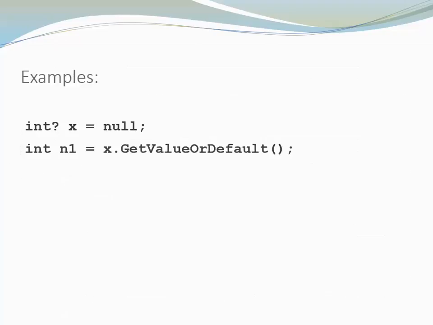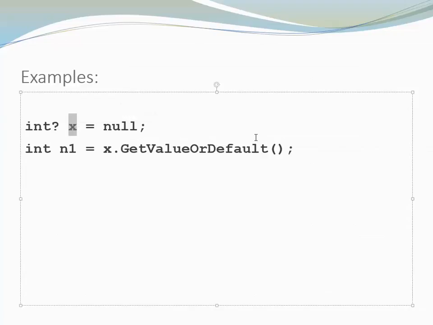I could also use the method GetValueOrDefault. So here I am calling the method GetValueOrDefault because x happened to be null. It gives me the default value, which in the case of an integer happens to be 0. Now this is a different semantics of what we were doing before. I made up my mind already that I wanted to assign -1 in case that x was null.